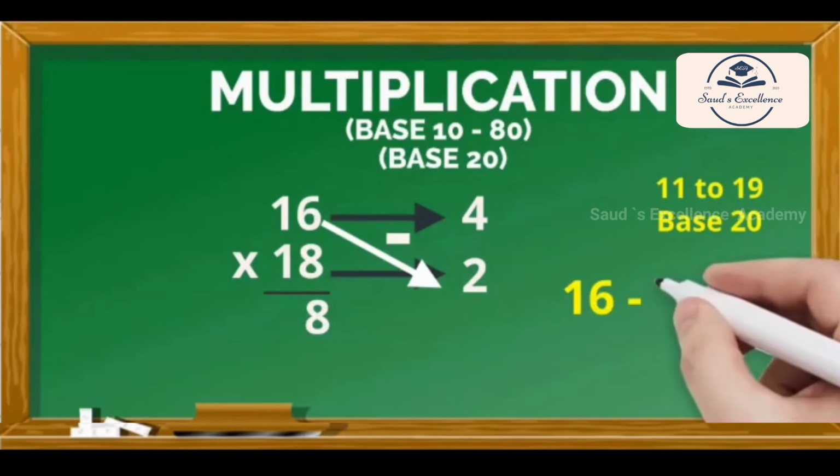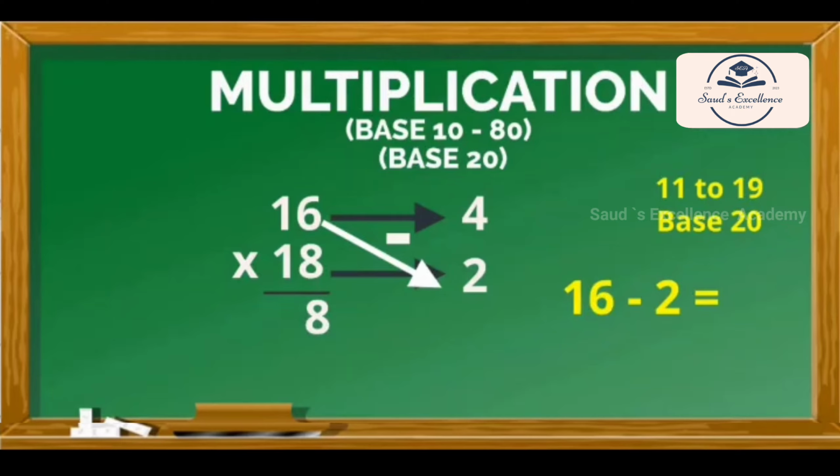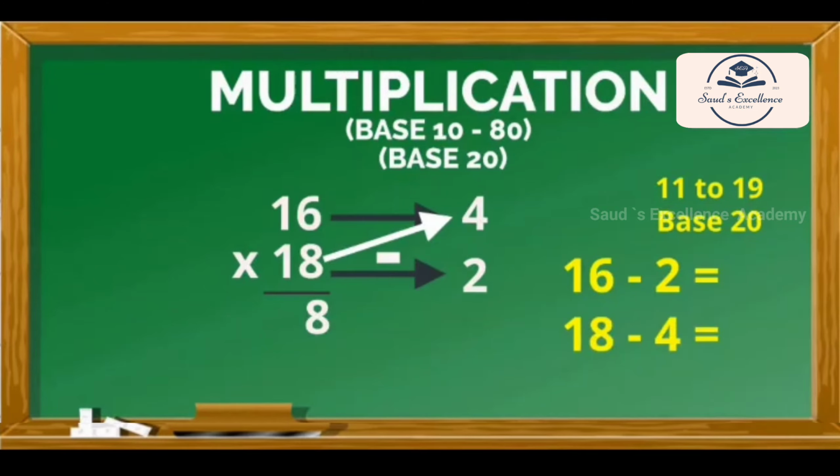Next step, we subtract crosswise: 2 from 16. Again we subtract crosswise: 4 from 18. We have the same answer, 14.